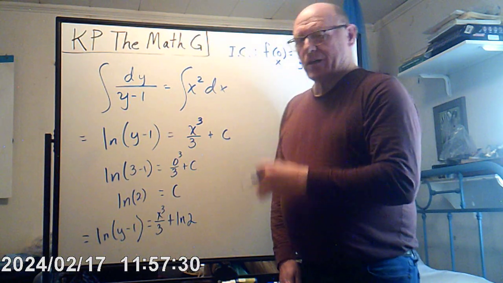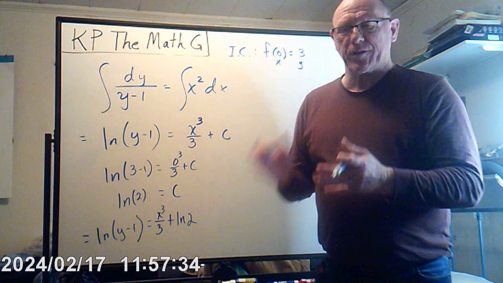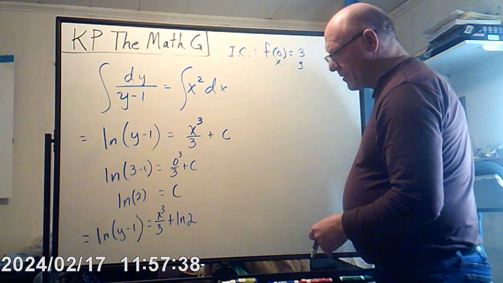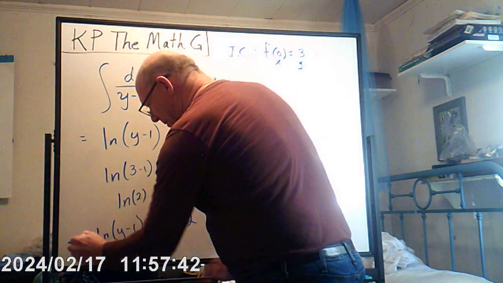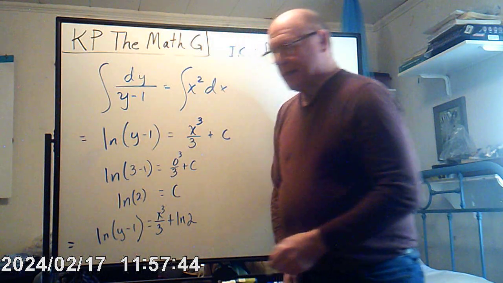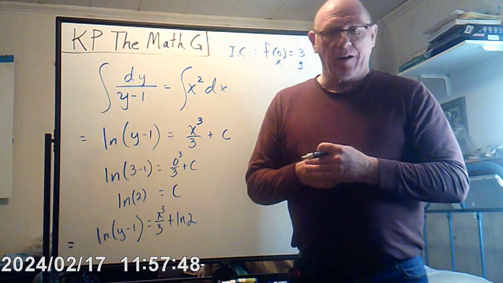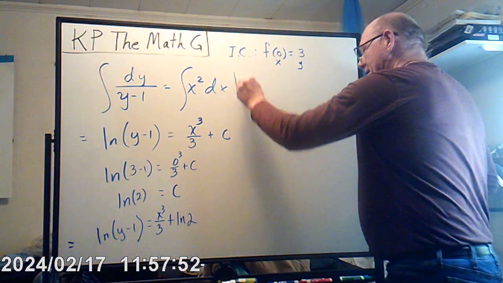You have the equation, but I believe it's asking you to solve for y. Now, how do we solve for y when there is clearly an ln in front of this? What gets rid of ln? That's right, e does.